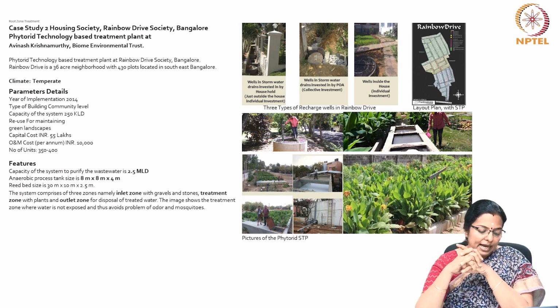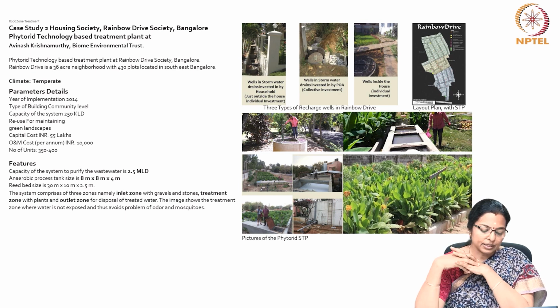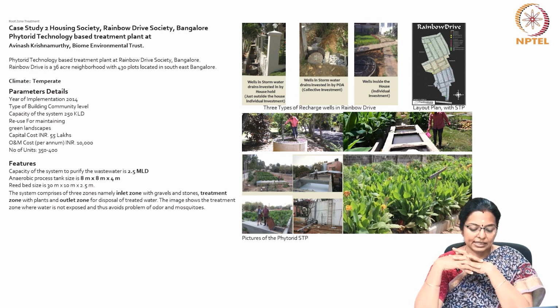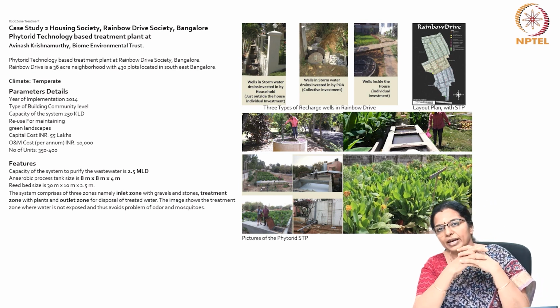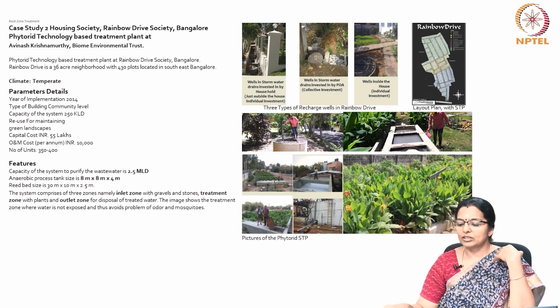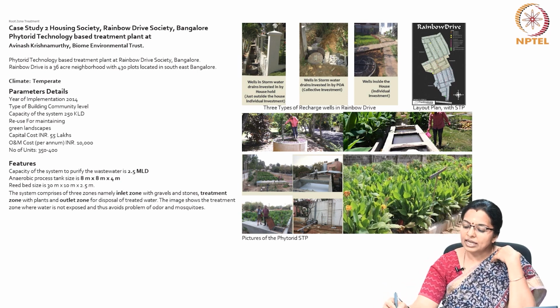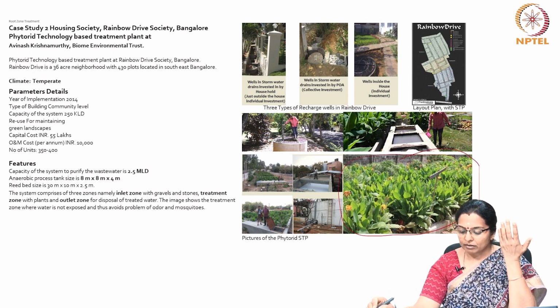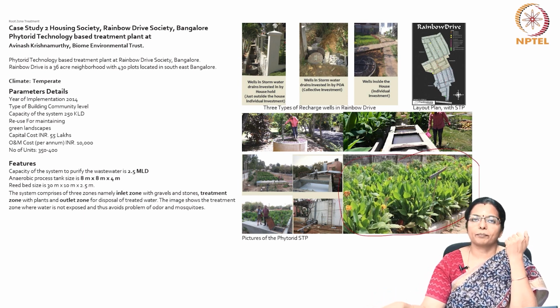This has a capacity to purify a very large amount of wastewater. The anaerobic process tank size is about 8 meters by 8 meters with a depth of 4 meters. And if you see the pictures, there is no trace of a sewage treatment plant.